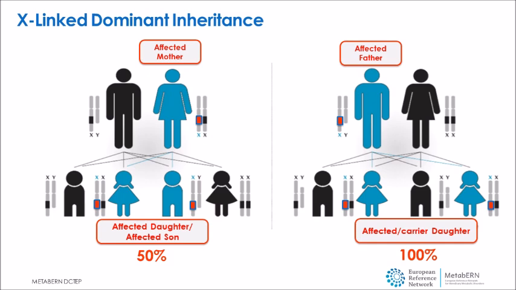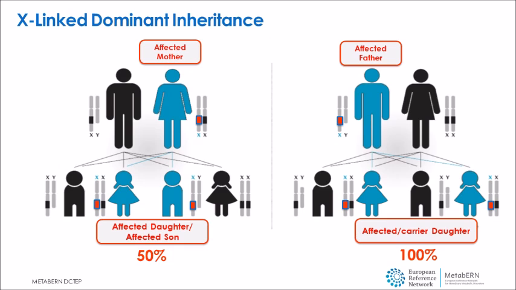However, for X-linked dominant diseases, a mutation in one copy of an X-linked gene will result in disease for both males and females. Families with an X-linked dominant disorder often have both affected males and affected females in each generation.